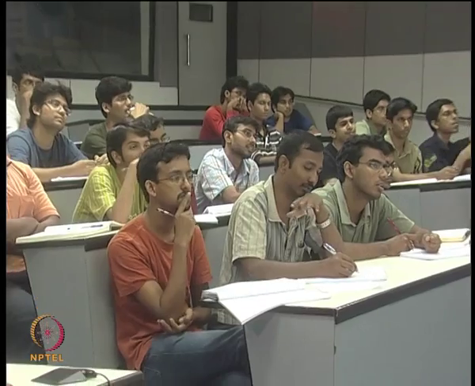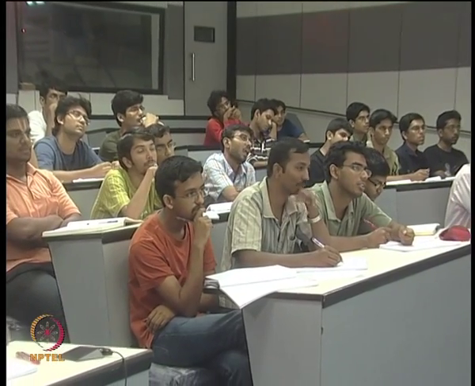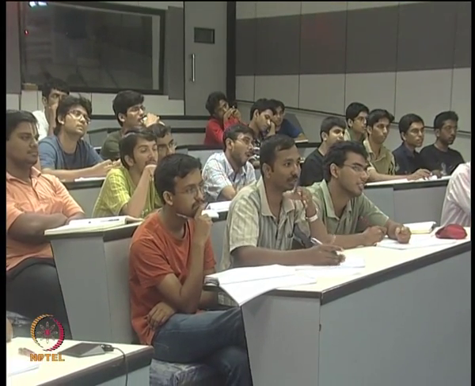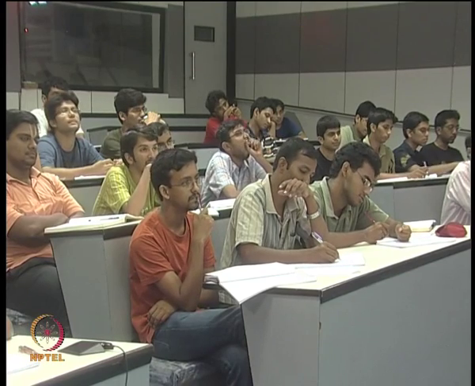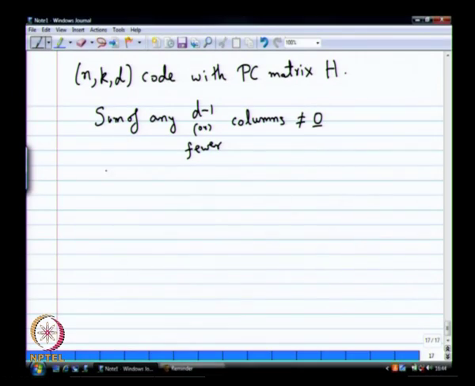What else should I have if I have an n, k, d code? There is a set of d columns which add to 0. Some d columns add to 0.